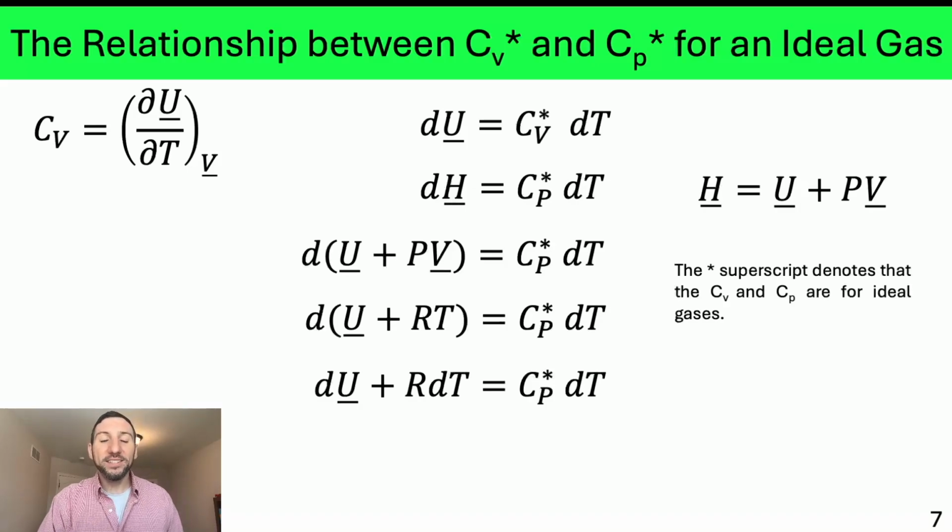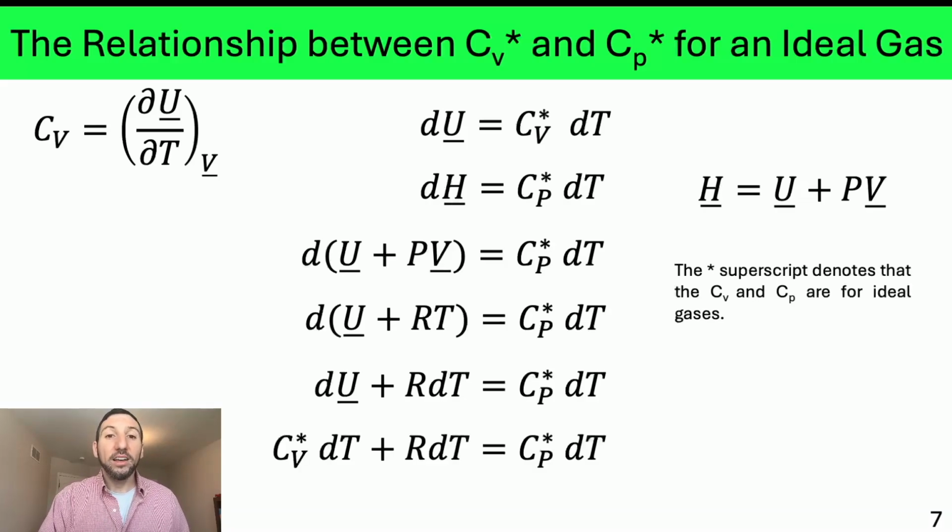Now, the final piece that we're going to do here is you see that we have dU bar. We actually have an expression of Cv star dT, which we can substitute into that equation, leading us to Cv star dT plus R dT equals Cp star dT. And as you might notice, there's dT's for each of the terms, and we can cancel all those out. Now, I will make a disclaimer that technically this is not mathematically a legal move, but it does work out, and it's the final outcome that should be happening.